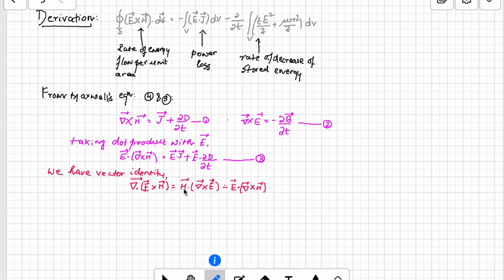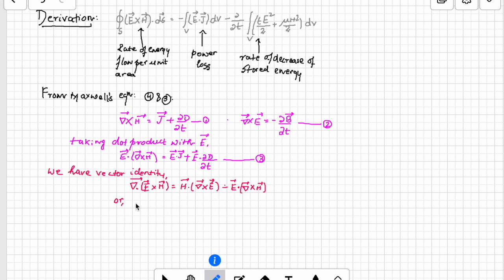Please remember it this way: second vector dot curl of first vector minus first vector dot curl of second vector. It's the other way around. It's not 1 2, it's 2 1. I think you can guess the second step. We are going to need this, so I will take it on one side.